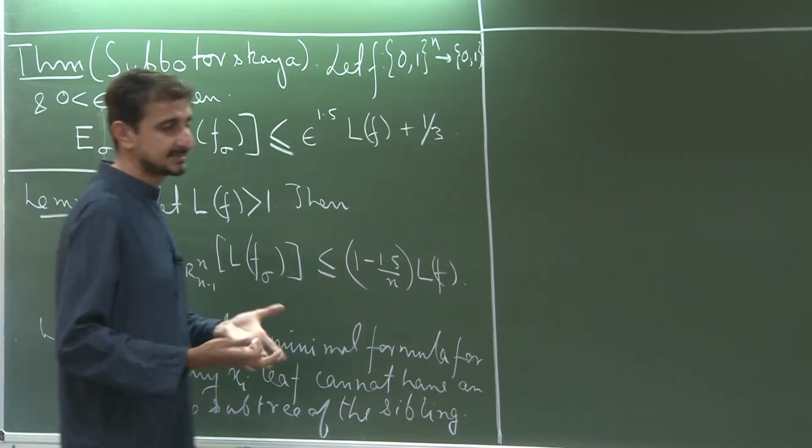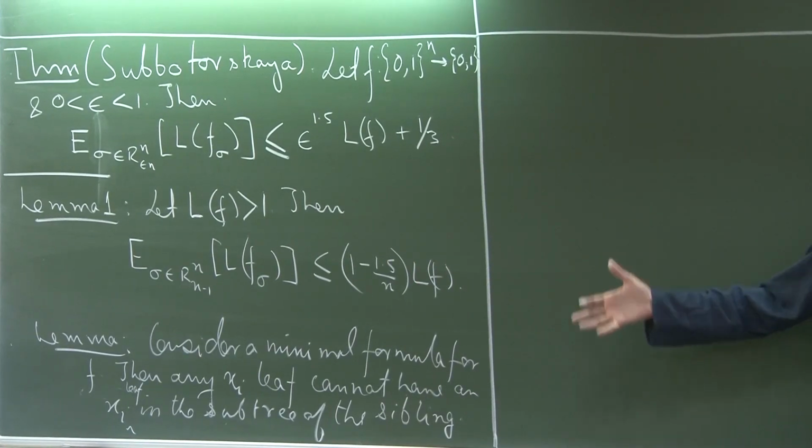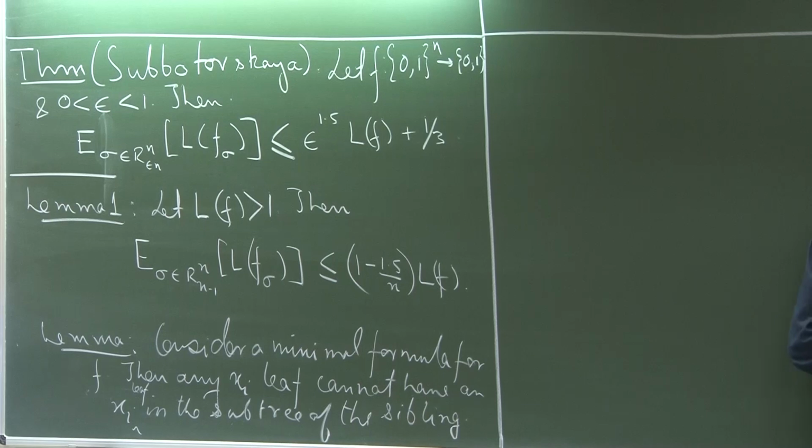Well, if it has an xi, it has to be a leaf only, it cannot be an internal one. So it cannot have xi, and we proved why this is true last time.